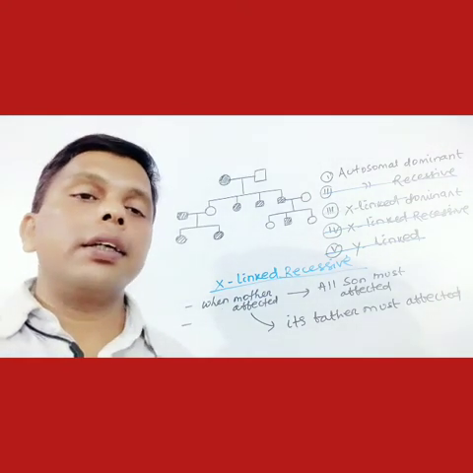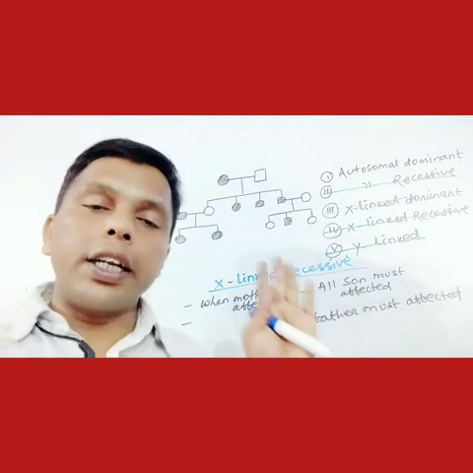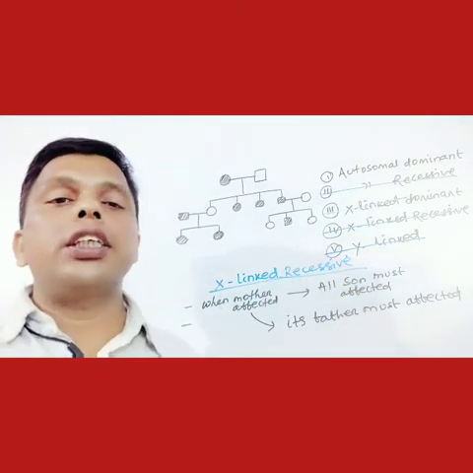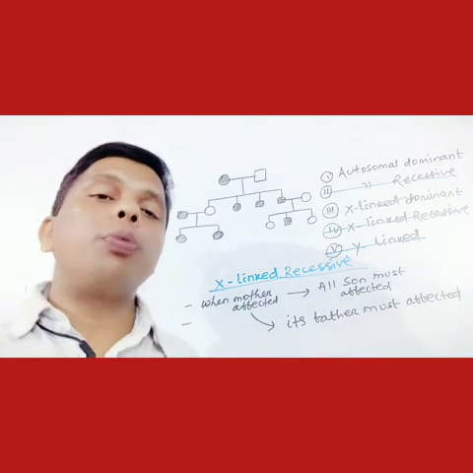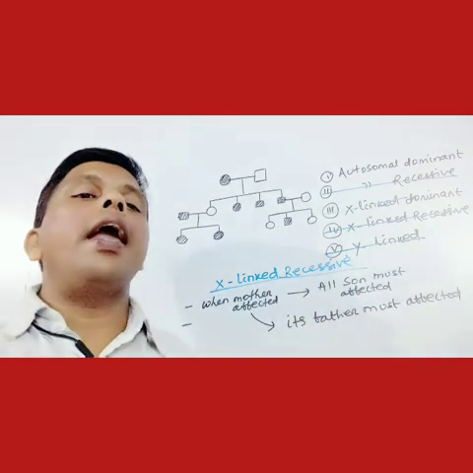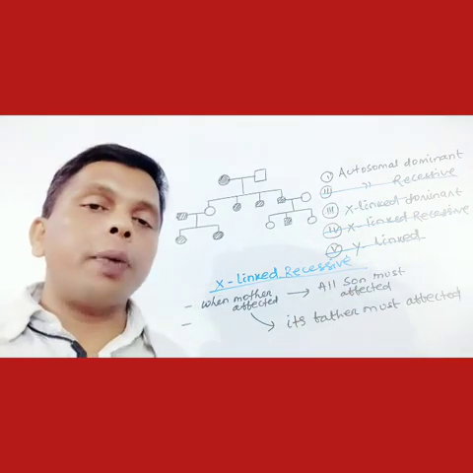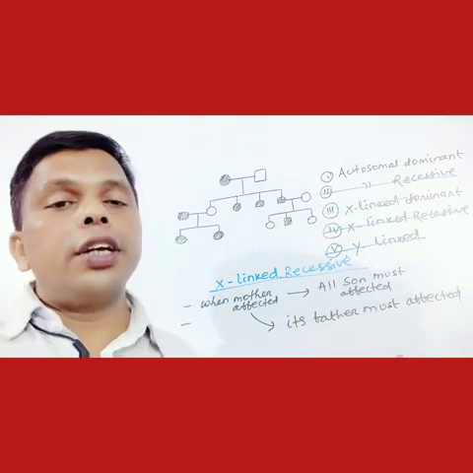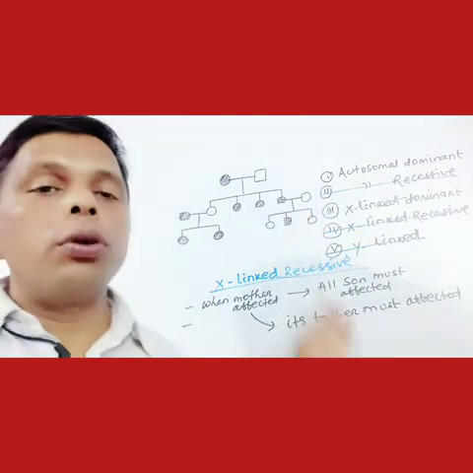For X-linked recessive trait, we have to find this rule. When it is satisfied, it is X-linked recessive, otherwise it is autosomal recessive. If it is dominant, we have to test the X-linked dominant principle. If it is satisfied, then it is X-linked dominant, otherwise it is autosomal dominant.